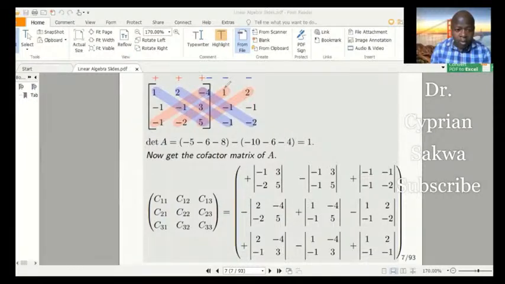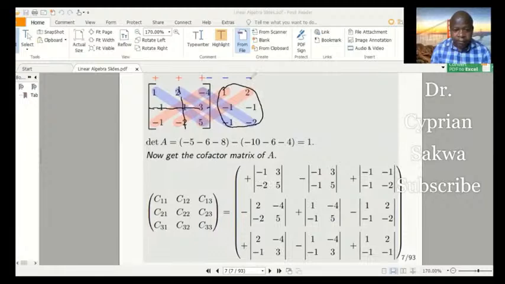Remember that this is not part of the matrix. We delete the row of that element and then the column of that element. We're left with 1, -4, -1, 5, and the sign is positive.